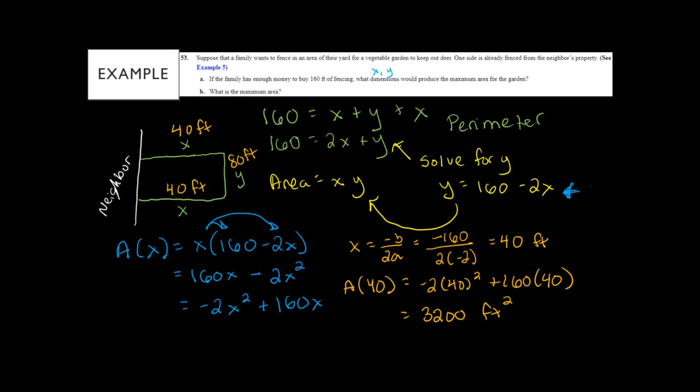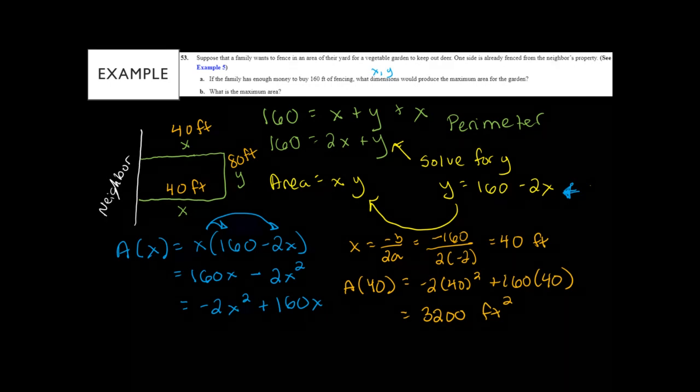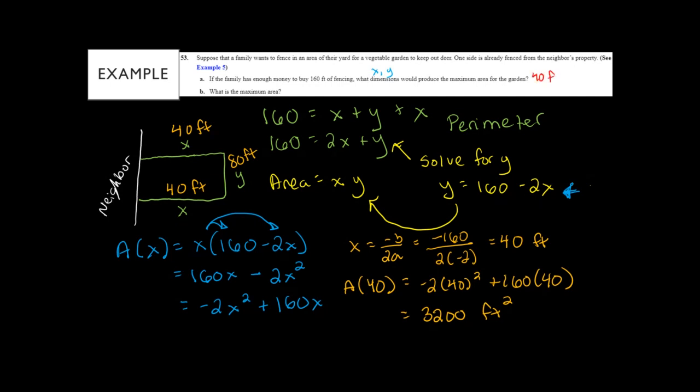So it'd be 3,200 square feet for your, that would be the maximum area of your garden. So I can even write this. This would be 40 feet by 80 feet, and then 3,200 square feet.